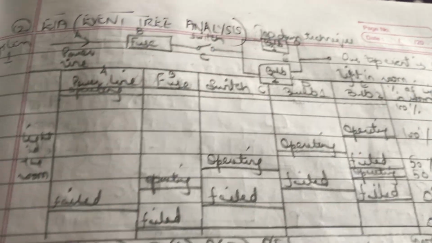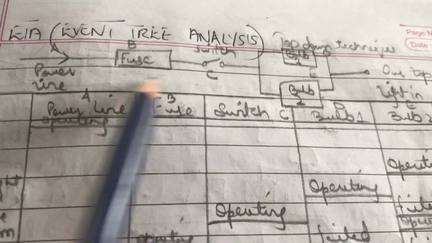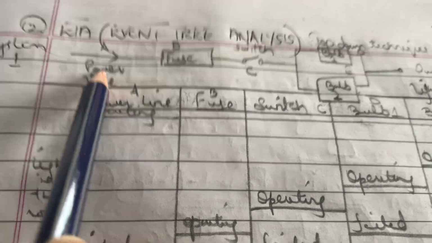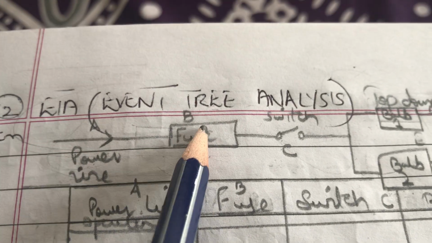So let's have a look at how we can draw our event tree analysis. First we have this system. We call the power line A. I hope everything is clear.